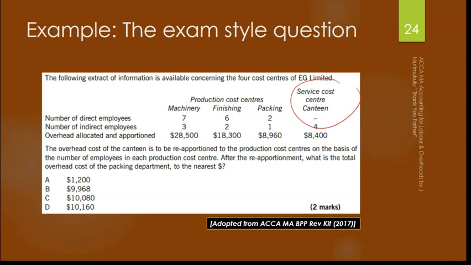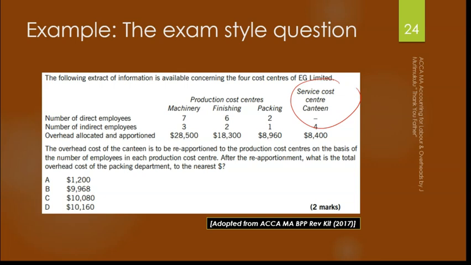After the reapportionment, what is the total overhead cost of the packing department to the nearest dollar? So we need to follow that instruction so that we do not find ourselves in wonderland.